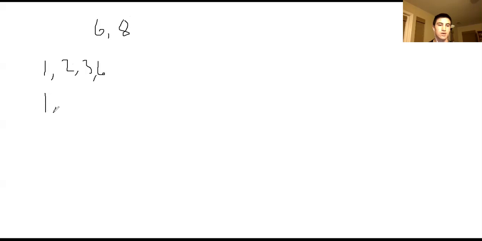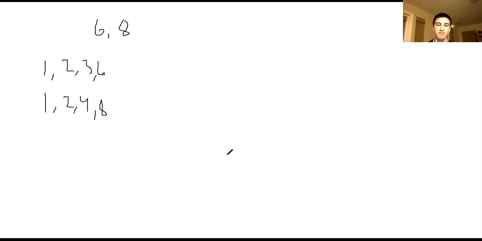Then 8: 1, 2, 4, and 8. So here there's only 2 common factors, 1 and 2, and our greatest one is 2. So our greatest common factor would be 2 in this case.